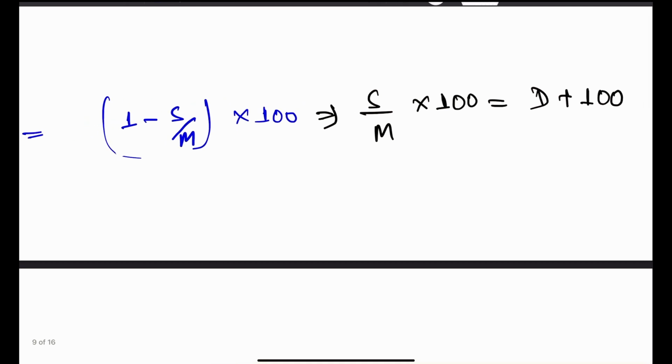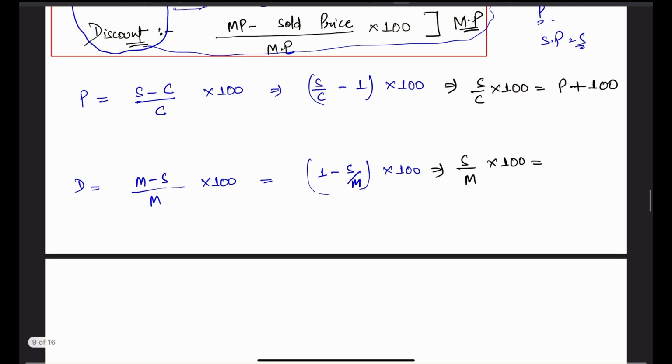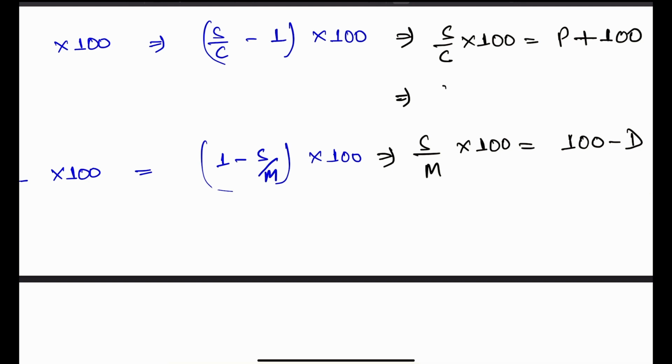And if that's the case, then what will be the change? So in this case, our discount gives S by M into 100 equal to 100 minus D. Okay, and in both cases S is the same.